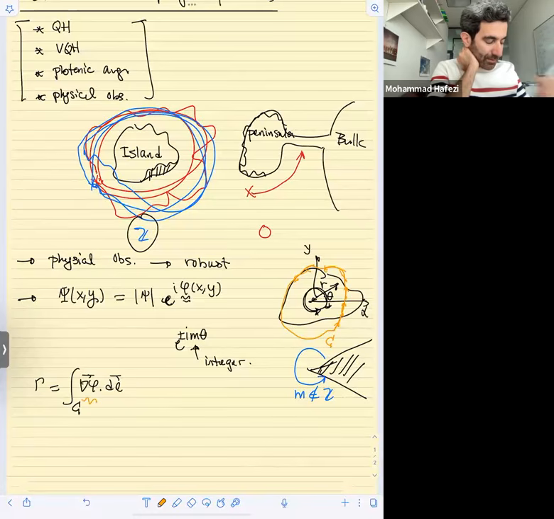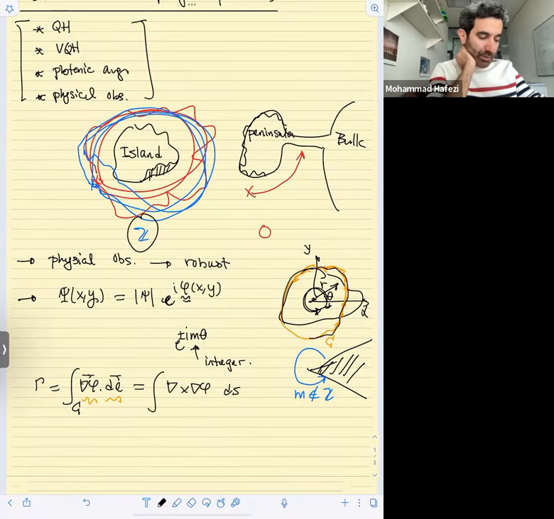I evaluate the derivative of the phase, and this guy, if everything is nice and well defined, then if you use the Stokes theorem, you can write it as a curl of this dot ds. So you can turn this loop integral into the surface integral over this area.